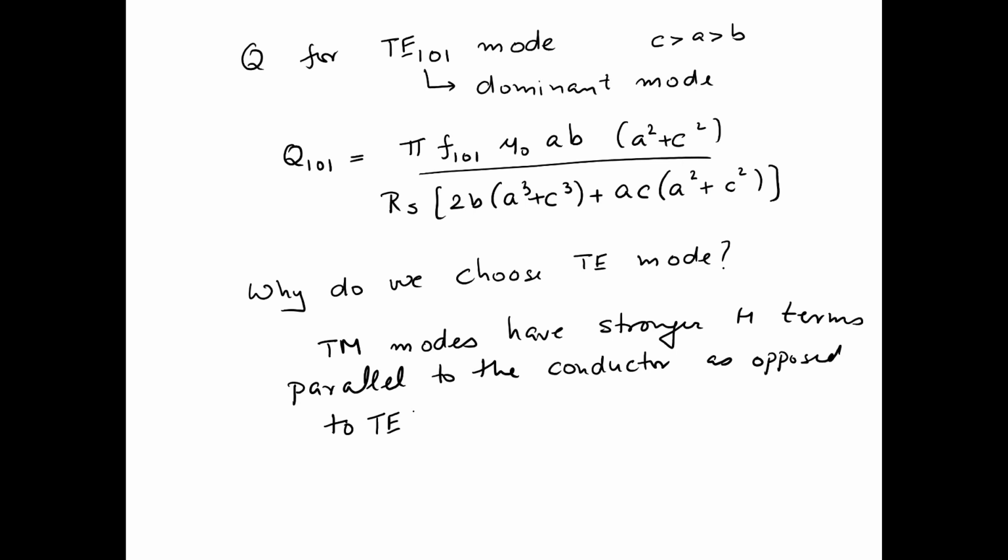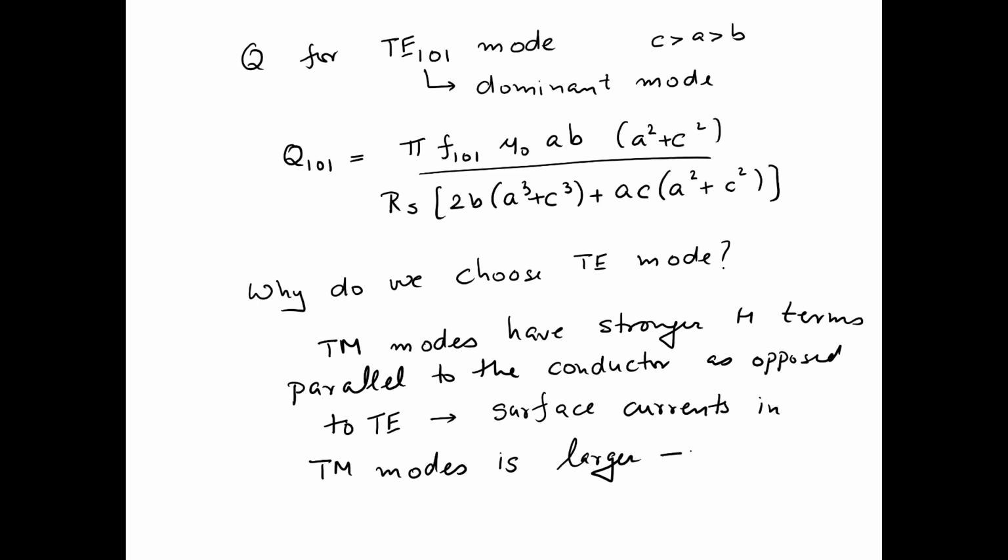So the TM modes have much stronger H terms, and thus the surface currents in TM modes are larger, and thus loss in TM modes is larger.